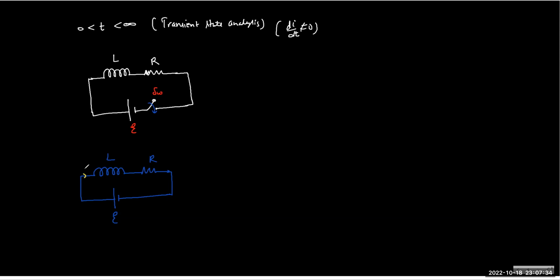So at any instant, let's say the current is I, and you can assume di/dt is positive, meaning it is trying to grow. So what will be the KVL? E minus L di/dt minus IR is equal to 0.